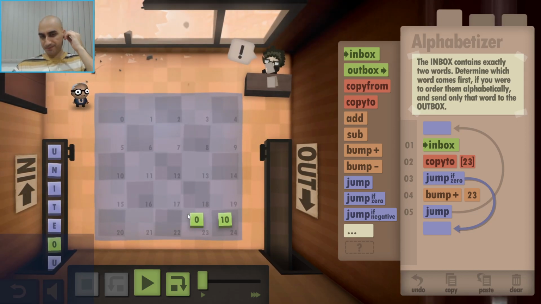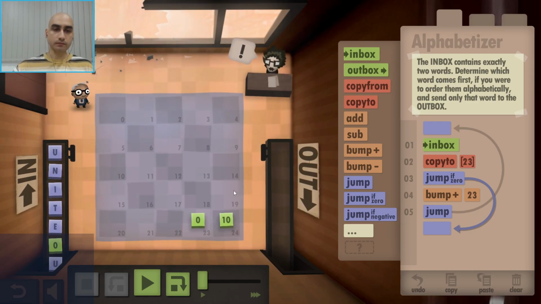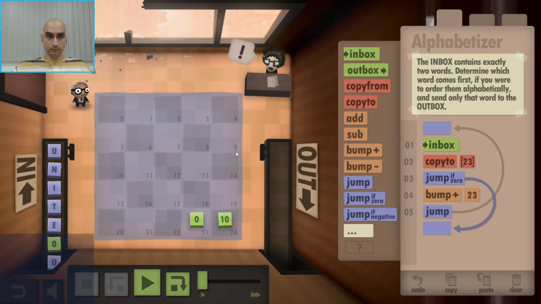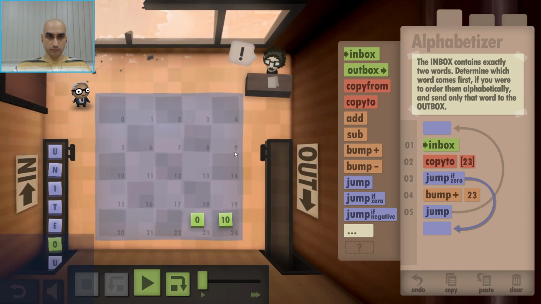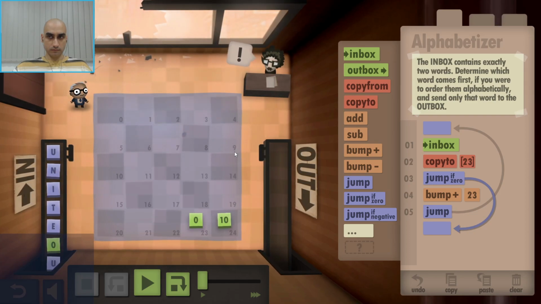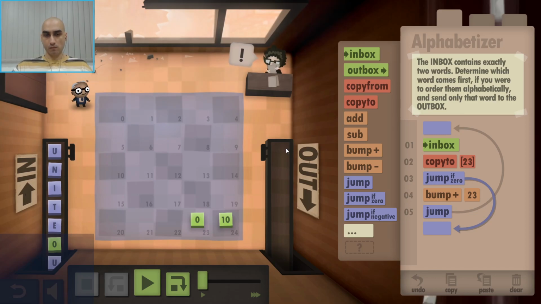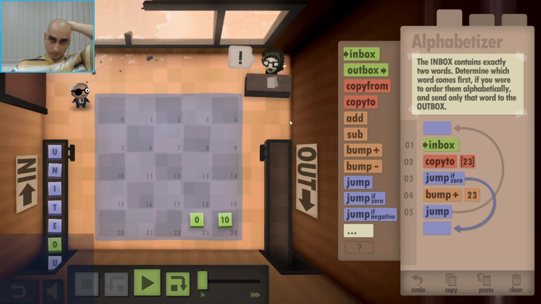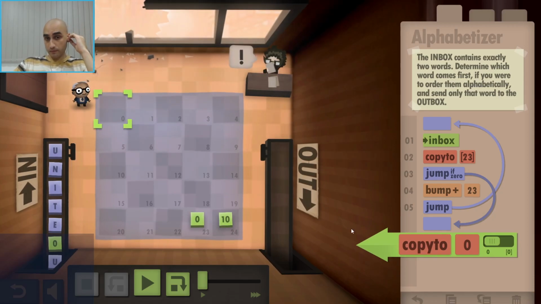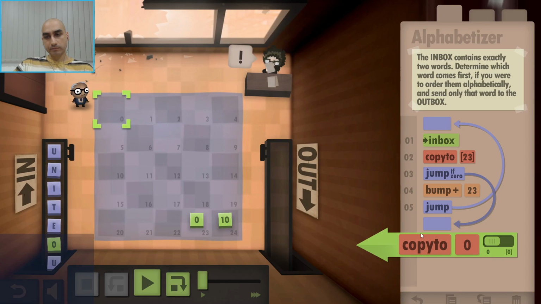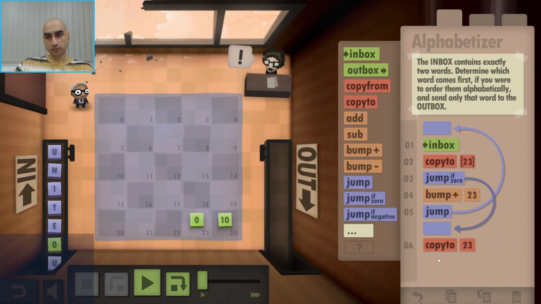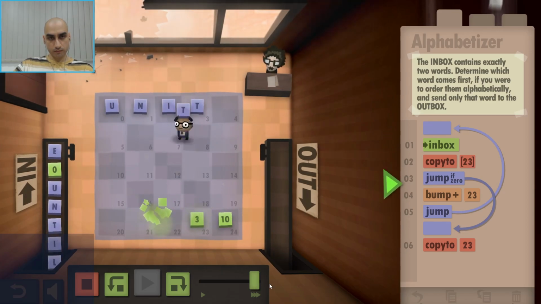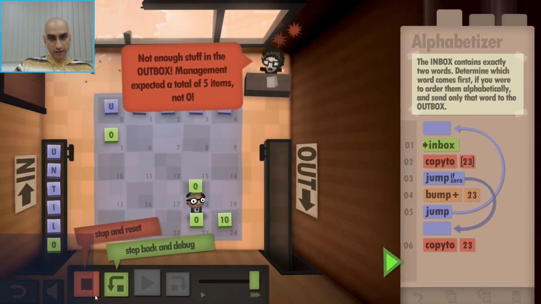We can reset the counter to 0. Let's just try that now. Okay, fine.